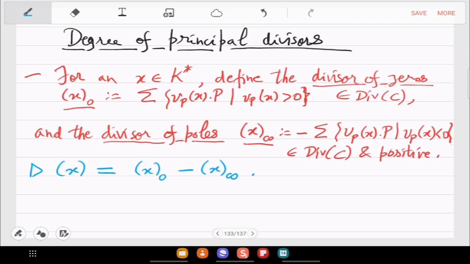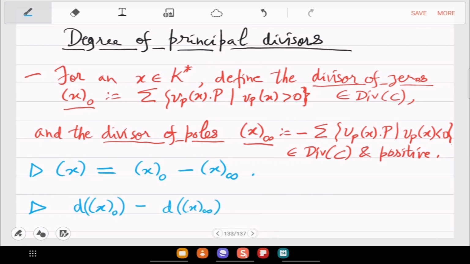So, why did we do this? The goal is to understand the degree of either of these. What is the degree of x_0 and what is the degree of x_infinity? How are they related? Can you show that? What is the relationship between the degree of x_0 and the degree of x_infinity?